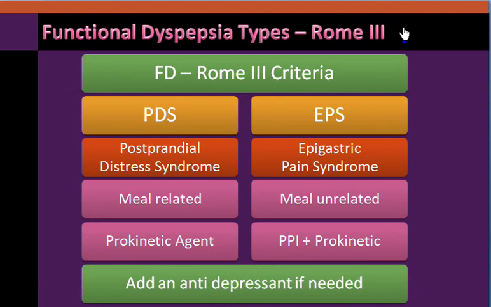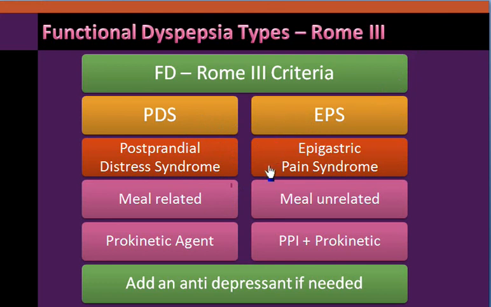As per the Rome 3 criteria, functional dyspepsia itself has got two different types. It classifies the functional dyspepsia into PDS and EPS. PDS means postprandial distress syndrome, that is, patient feels fullness of the stomach, heaviness in the stomach after taking a meal.